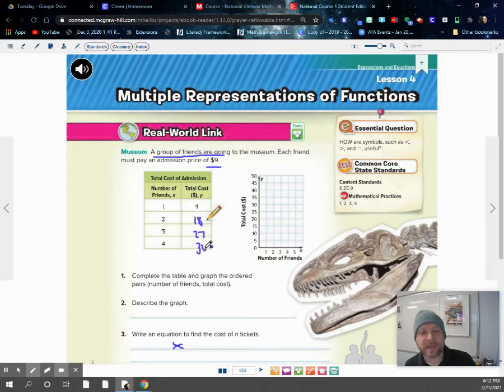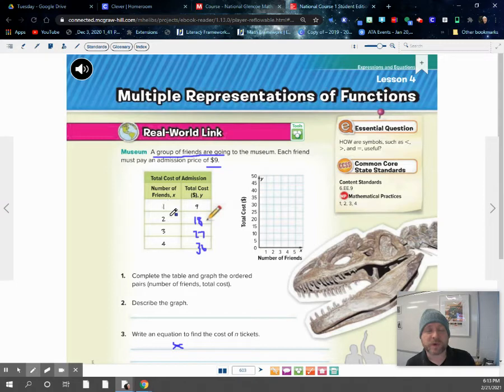So as I look at my function table here, even though I'm adding $9 every time, to get the function to work, I'm not just adding 9 to X. If I added 9 to 2, that would be 11 as my total, and that's not correct. I need it to be $18 because there's an additional $9 every time. So actually what I'm doing is repeated addition, which is multiplication. So what am I multiplying by?